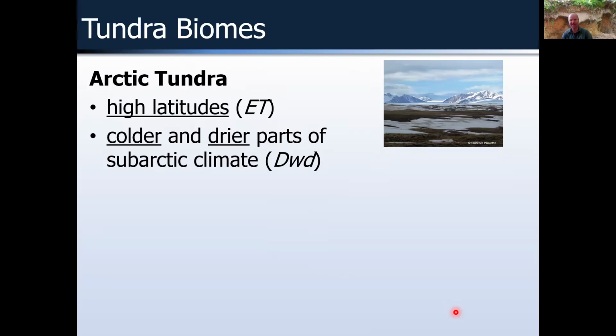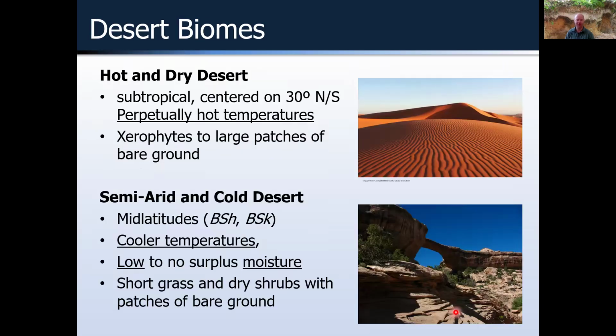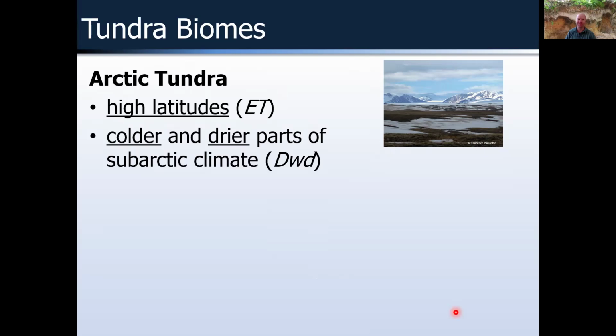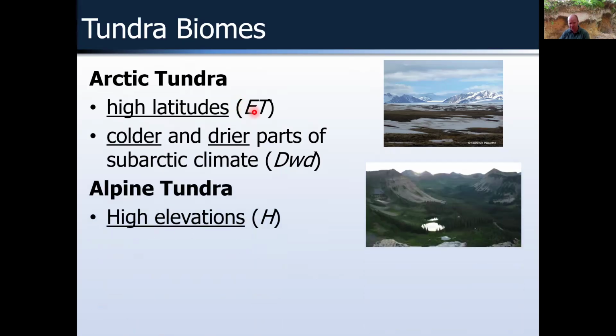So moving in here from the extremes of hot and dry and cold deserts to Arctic tundra. And so here, Arctic tundra is located in high latitude, colder and drier parts of the subarctic region. So both in northern D climates, then continental, microthermal, as well as polar regions.